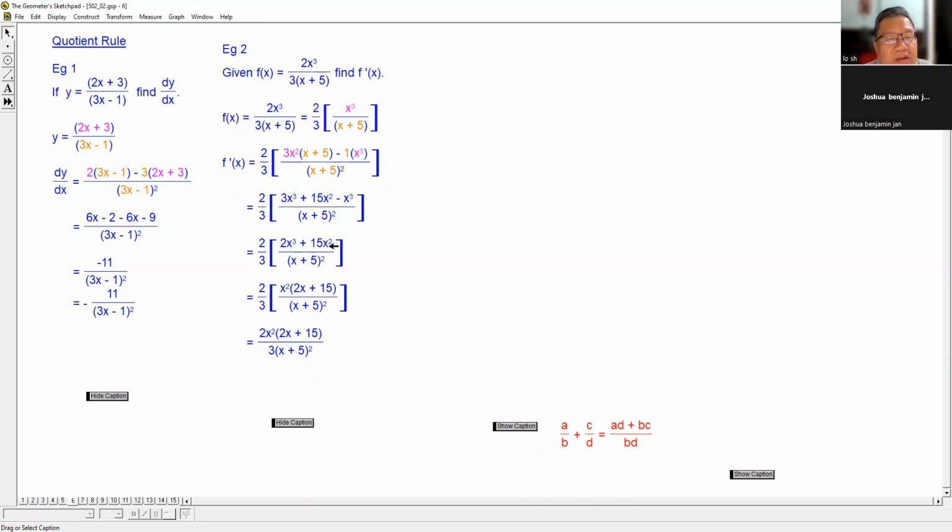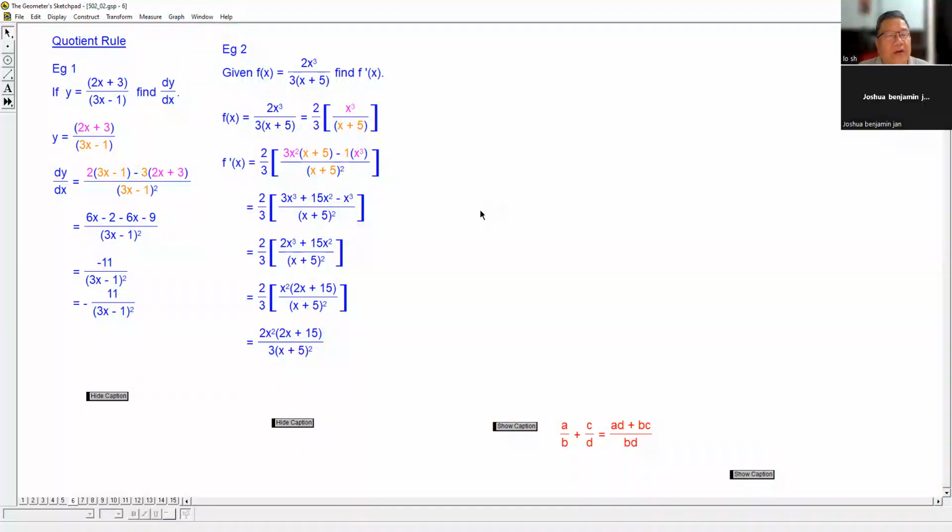The common factor is x squared. So you take out the x squared, right? X cubed, take out x squared, become x. Number you didn't take out, you just put back the 2 there. You take out the x squared, it become 1. 1 multiplied with 15 is still 15.